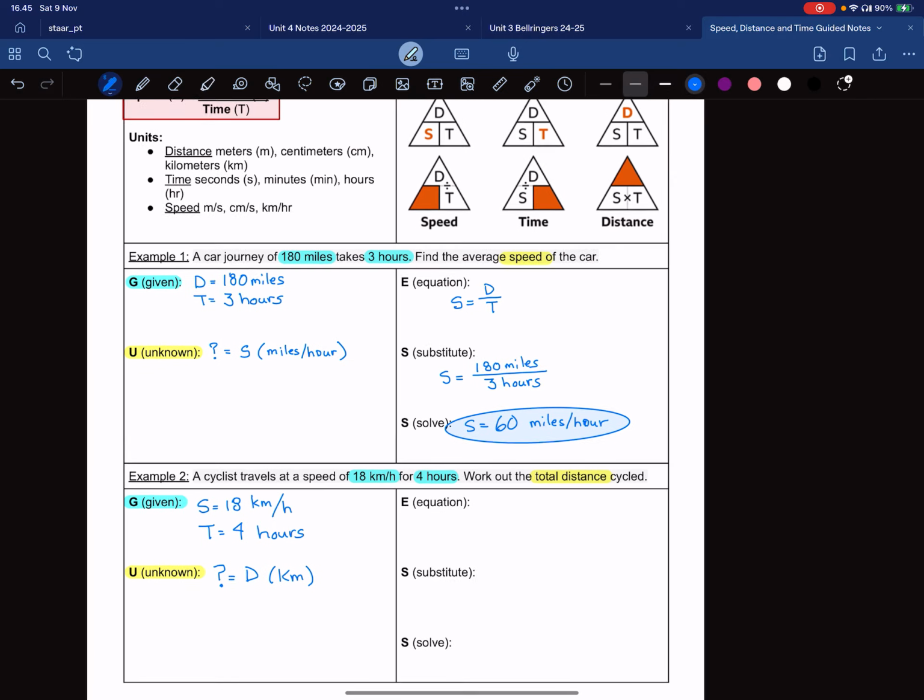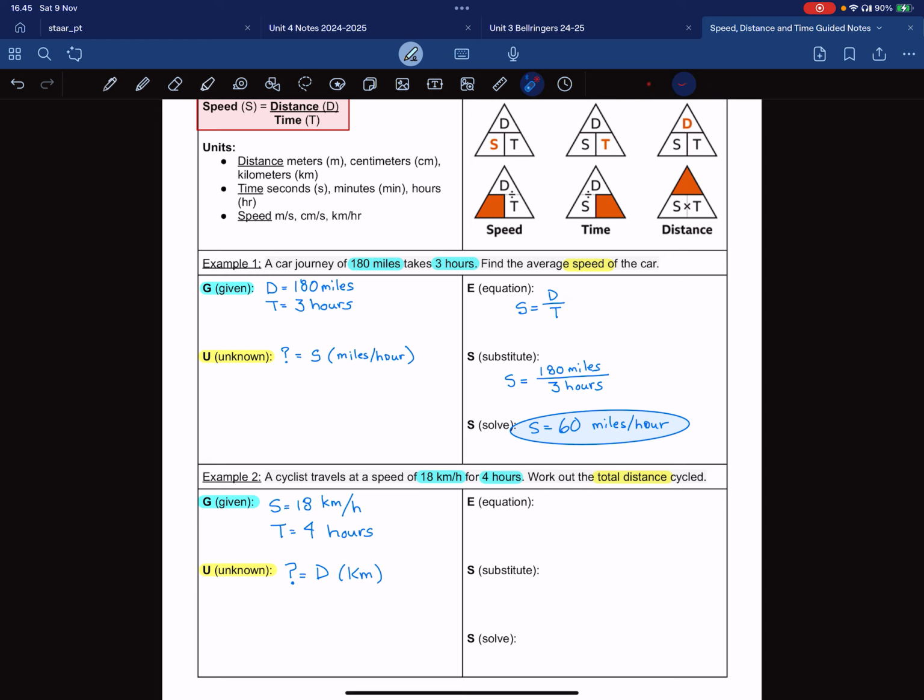Now, I want to know distance, so I go to my triangle equation and I cross out distance. And what's left behind is S multiplied by T. So, distance is equal to speed times time. So then I'm going to substitute.